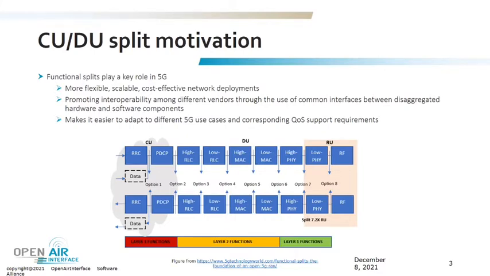These are some of the reasons why 5G promotes functional splits so much. In this presentation and this lab, we're going to focus on the split defined by 3GPP as option 2, where you have the RRC and the PDCP running at the centralized unit and the rest of the RAN stack running on the distributed unit.